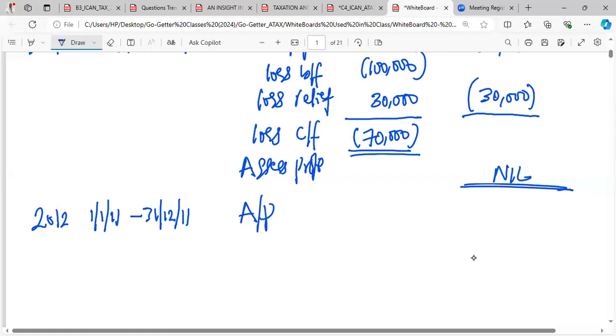I have it here as 25,000 naira. So what will you do? Loss brought forward. So that's a carry forward loss. You're carrying this 70,000 now. You're bringing it down here. 70,000. It's carry forward loss.